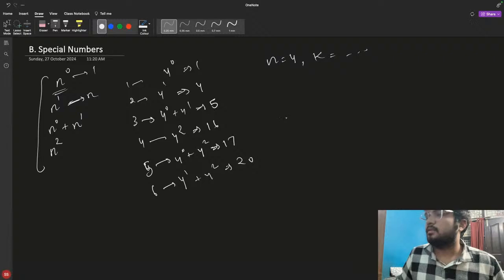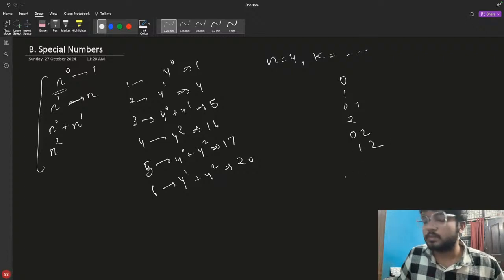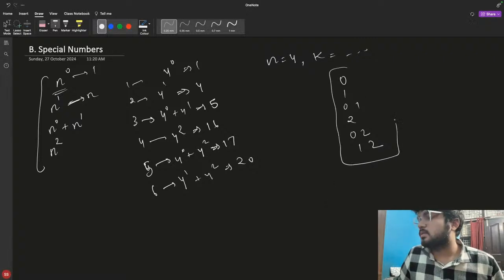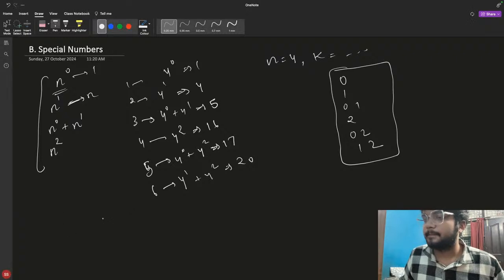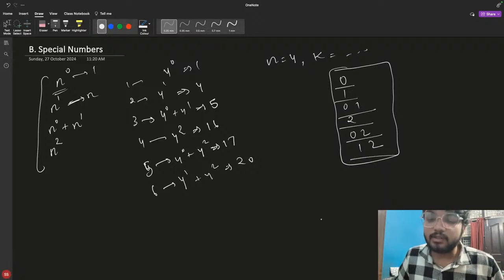So what is the pattern? The first number is 0, the next is 1, the next is 0 1. I'm just writing the exponents. The next is 2, the next is 0 2, the next is 1 2. Are you able to see a pattern? This is the set bits from 1 to n.